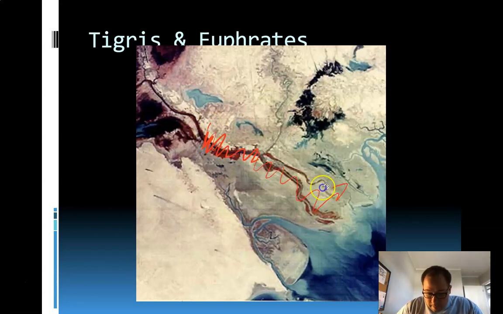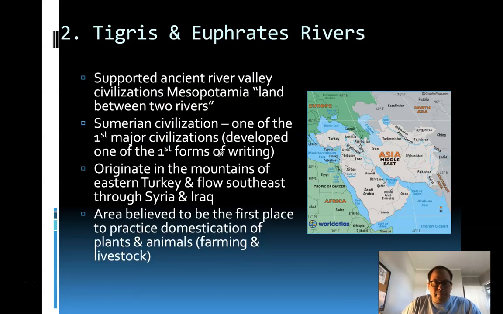So it allows people to be able to settle down and form civilizations. The Sumerian civilization, like I said, was one of the first major civilizations to develop. They were also able to develop the first forms of writing during the time period.